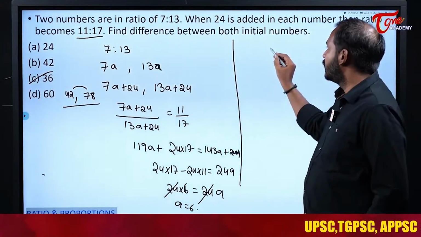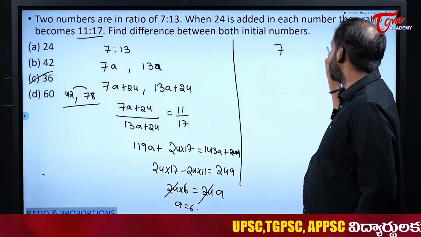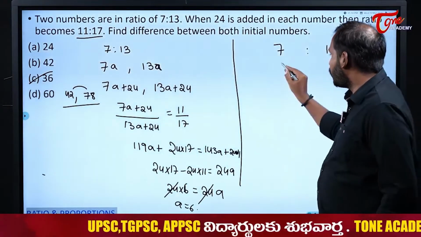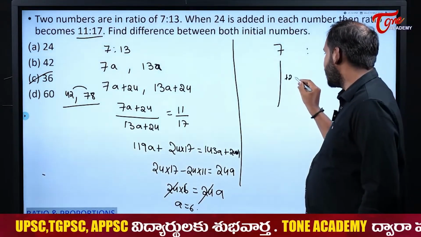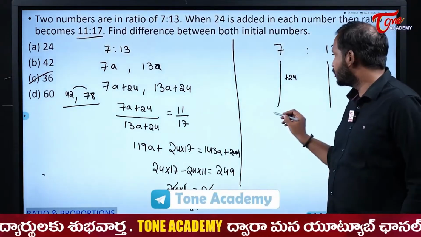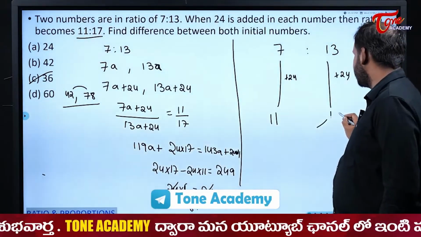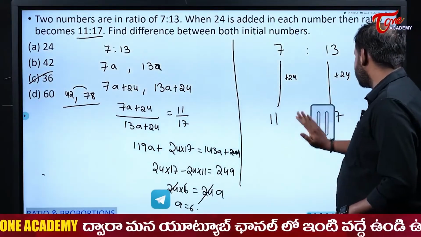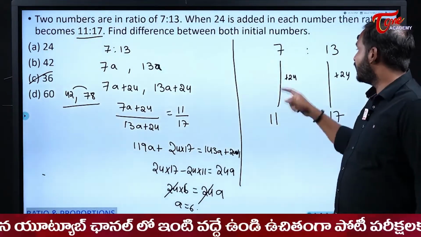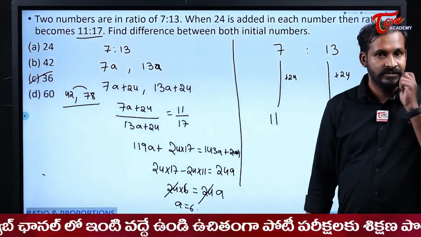So instead of that, now we will see the general method. The ratio between two numbers is 7 is to 13. When 24 is added to both, the ratio becomes 11 is to 17. Please observe here, students, when a constant is added, definitely the change will be the same.